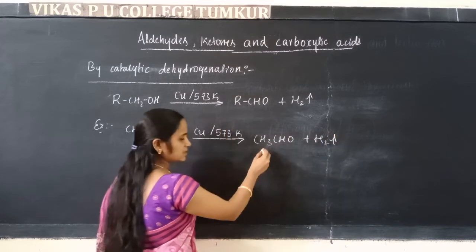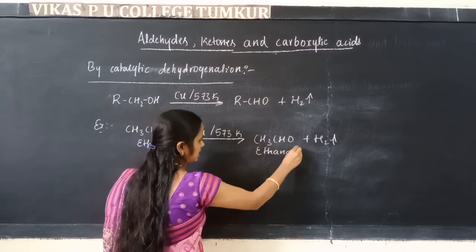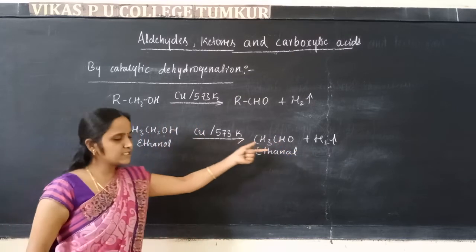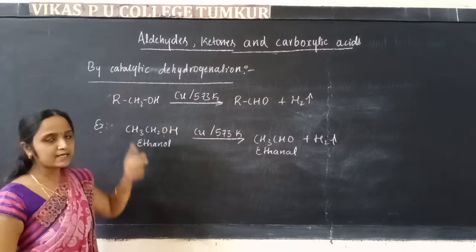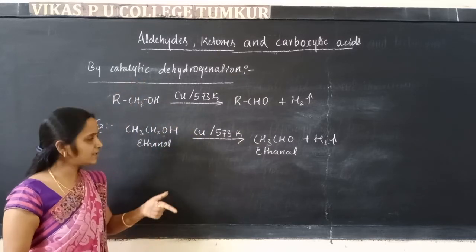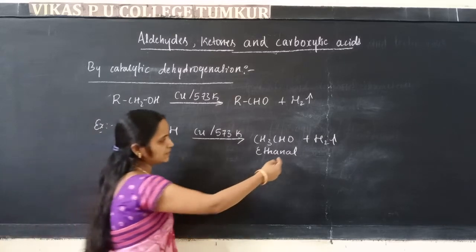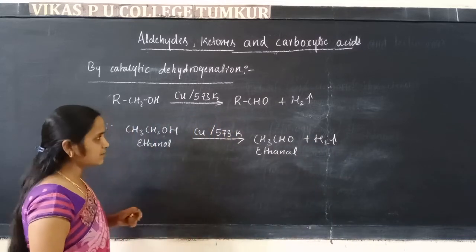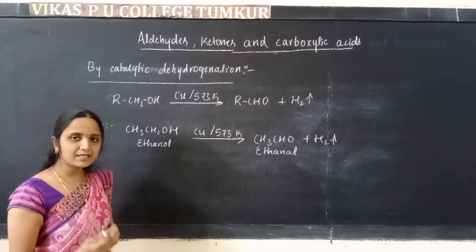The aldehydes are obtained from alcohols by the method of catalytic dehydrogenation, which means the removal of hydrogen. Like this, ketones are also obtained by passing secondary alcohols.